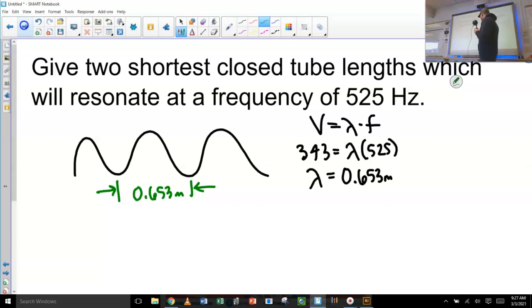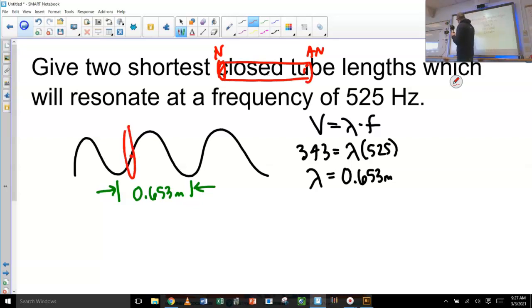So when I do a closed tube, remember that a closed tube has a node on one side and an antinode on the other. So I'm going to start with a node. And here's a node. So here's where my closed end is going to be. And my antinode is right here. This is 1/4 of a wavelength.